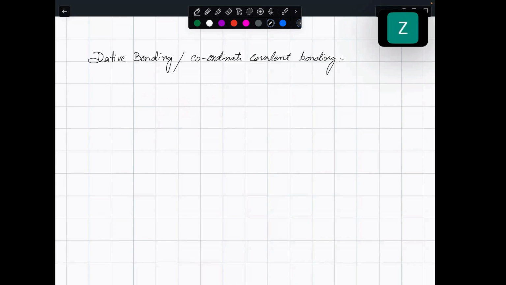and the shapes. And the summary is, if in any molecule there are two bonds and no lone pair, the angle is 180, linear.